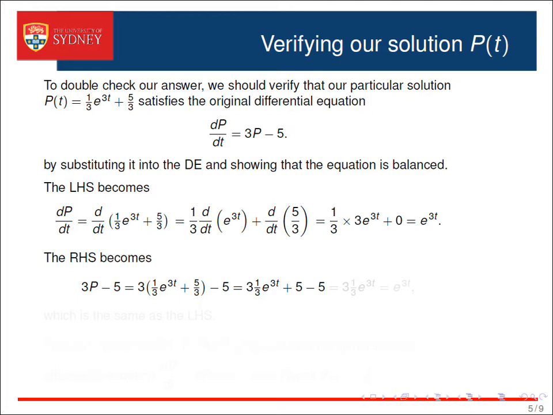After expanding the brackets, this gives 3 times a third times e to the 3t plus 5 minus 5. After cancelling the 5s, we're left with 3 times a third times e to the 3t. After multiplying the 3 and the third, this simplifies to e to the 3t.